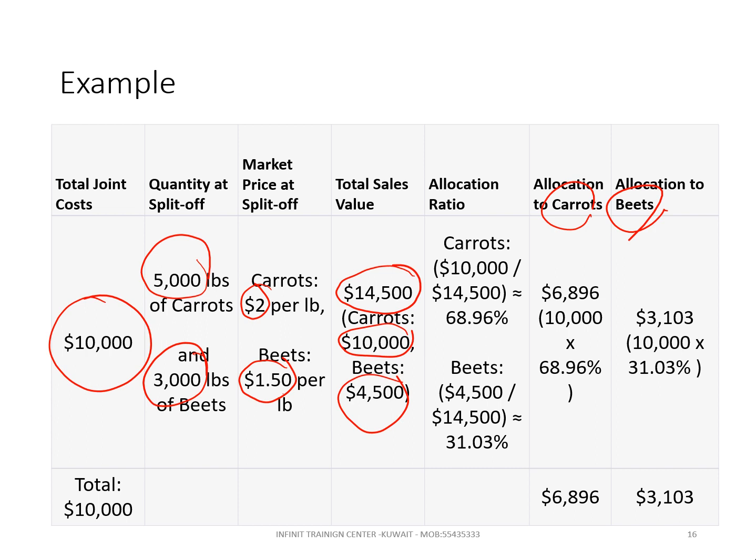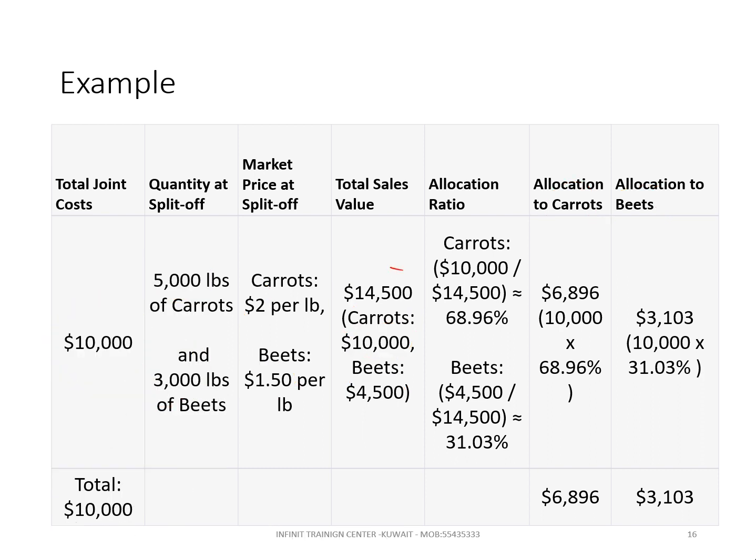Now you have to allocate the cost based on this amount. So out of 14,500, carrots value is 10,000 and beets value is 4,500. So first we will find out the allocation ratio for carrots.